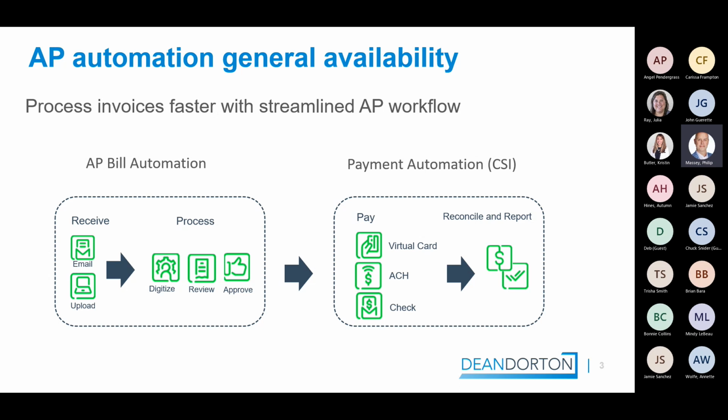And astoundingly, in this day and age, the cost of the module itself is $0. You pay per transaction. So the more invoices that flow through your AP workflow, the larger your bill is going to be for that.